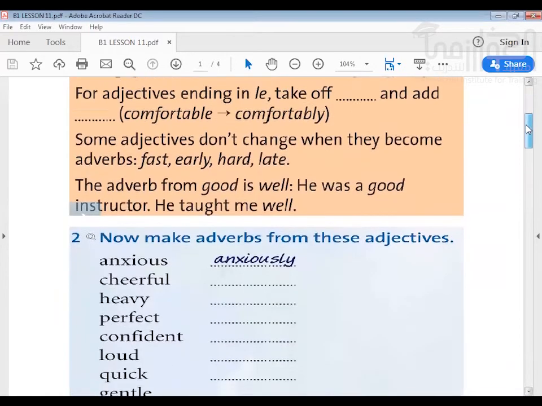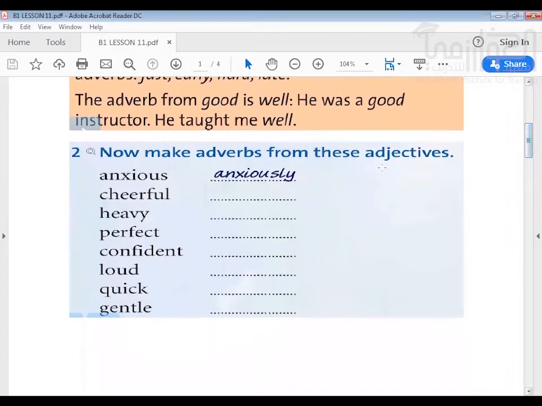Okay, so now let's make some adverbs from these adjectives. Cheerful becomes cheerfully. Heavy becomes heavily. Perfect becomes perfectly. Confident becomes confidently.